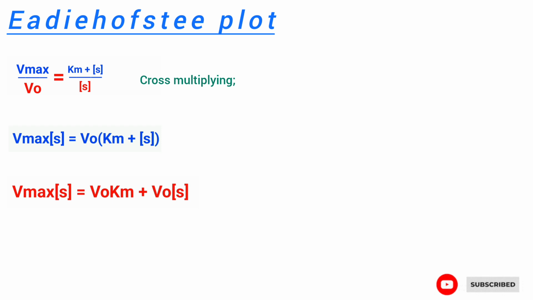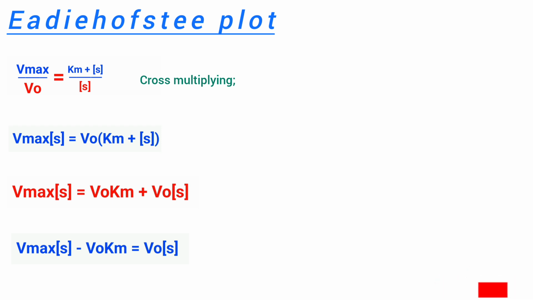Now, we take V0 times Km to the left hand side of the equation. Doing that, we have Vmax times substrate concentration minus V0 times Km is equal to V0 times substrate concentration.